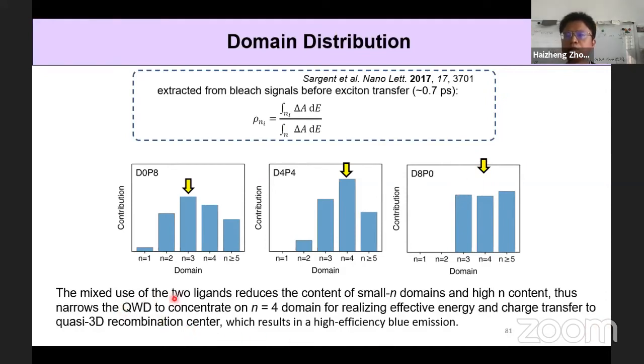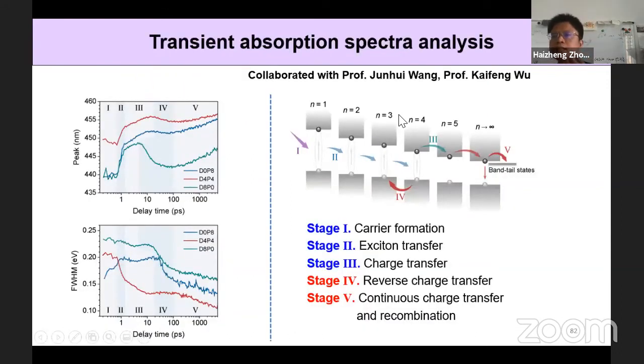By mixing them, we can control the quantum well distribution, narrow it down and move the center of the n values to n equals 4. This narrowing enables efficient energy transfer from high n values to low n values, and also suppresses the back transfer from n=4 to n=3.